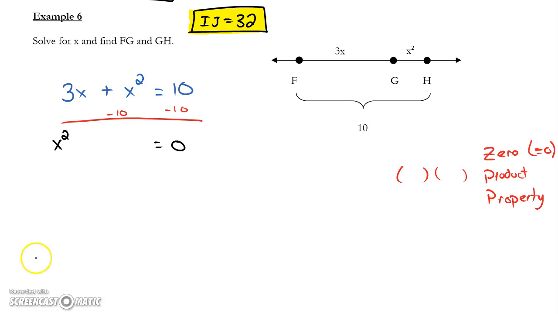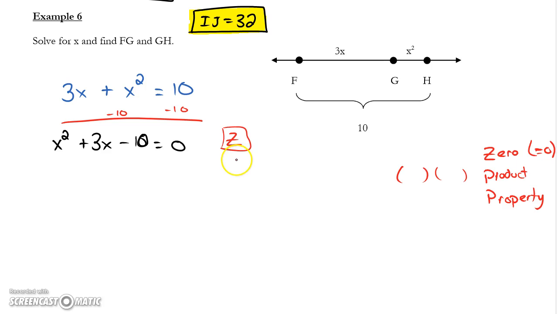That must come first. My 3x is also positive, so I will write it as plus 3x. I'm subtracting 10, so it's minus 10. This is my 0 step in the ZPP process.